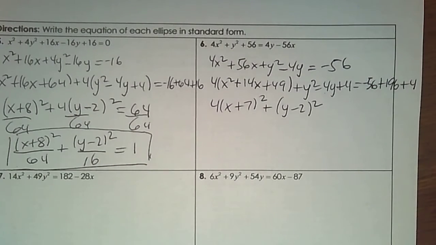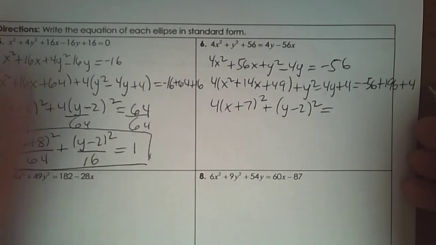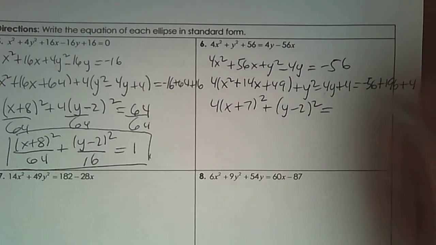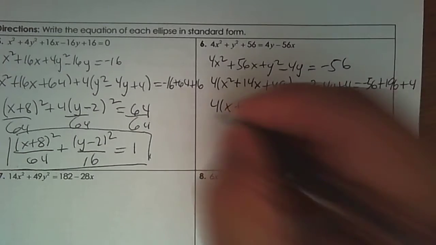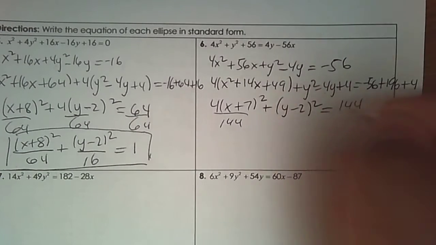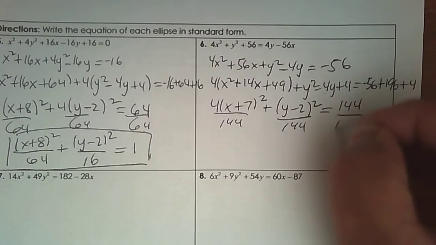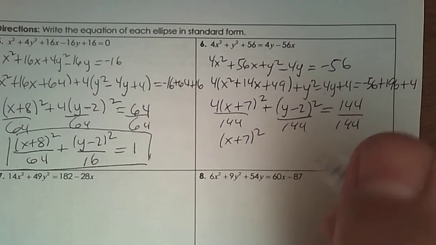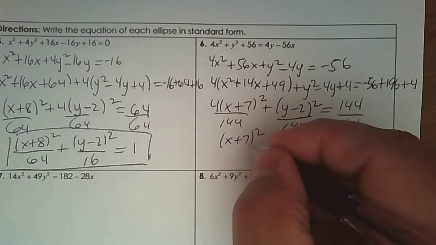To complete the square, I'm going to combine like terms. Again, I'll help you through this so that you can combine it fine. It's 144. Divide everything by 144. Now 4 goes into 144 evenly. 36.